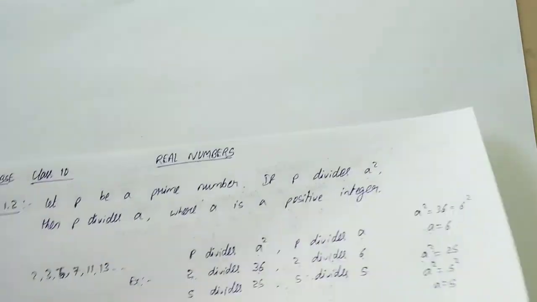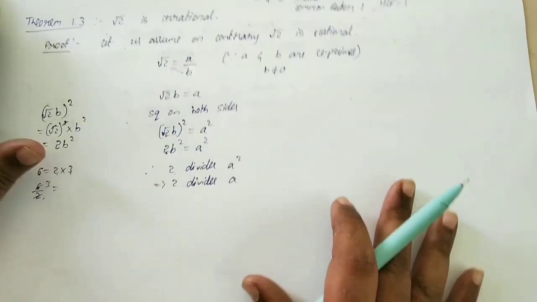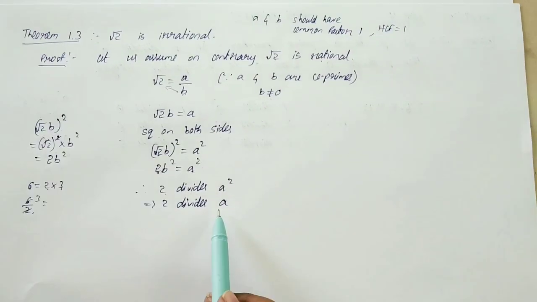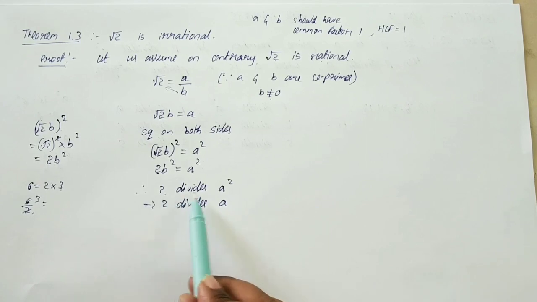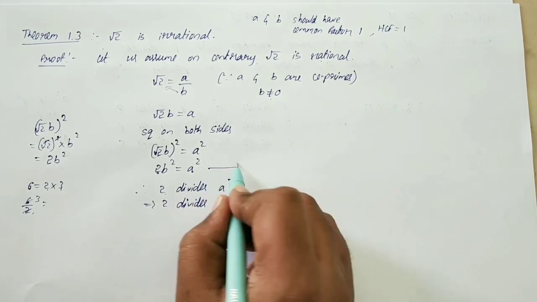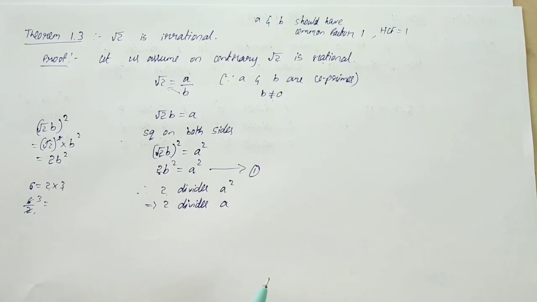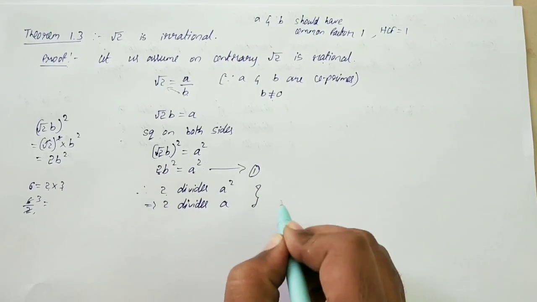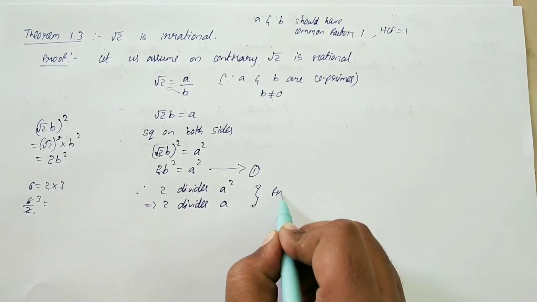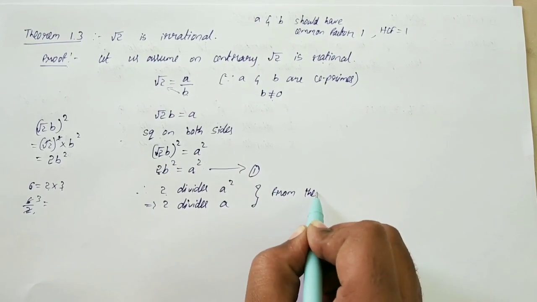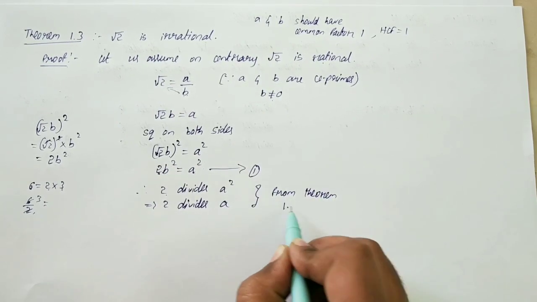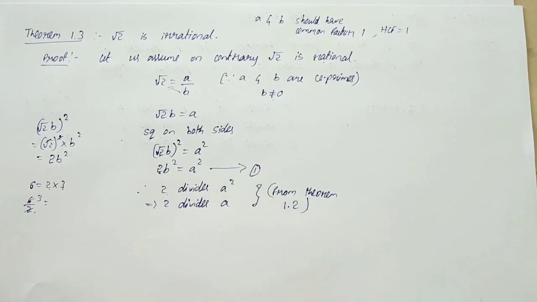So likewise, if 2 divides a square, then 2 also divides a. So let it be equation 1. Getting? So this is how we wrote this one from theorem 1.2, right?